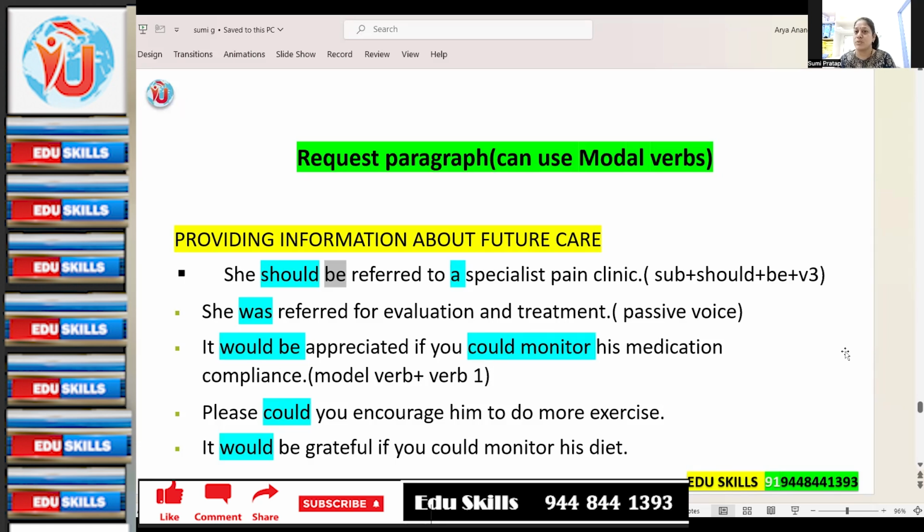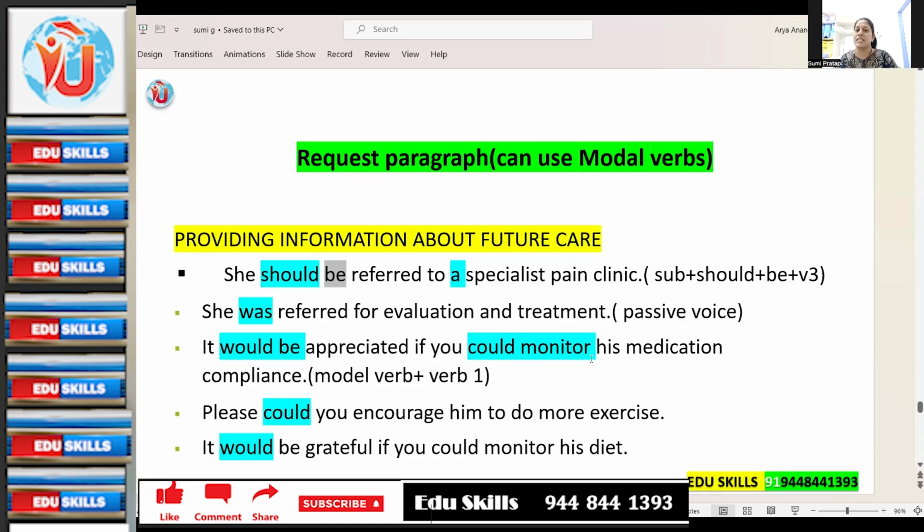This is passive voice. Then the third one is, it would be appreciated if you could. See, in the first sentence, "would be appreciated" has verb 3, right? Then "if you could monitor": only when we write could, the modal verb, we have to use monitor, that means verb 1.